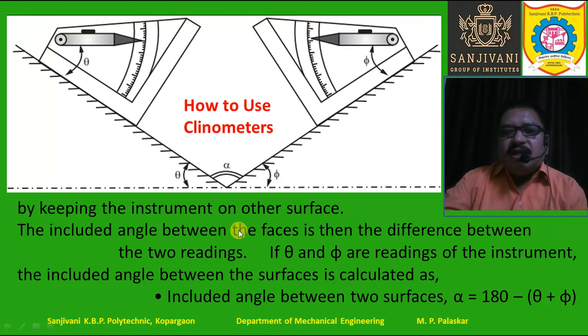Theta is the first reading, phi is the second reading. So the included angle alpha is equal to 180 minus in bracket theta plus phi. In this way we can find the included angle.